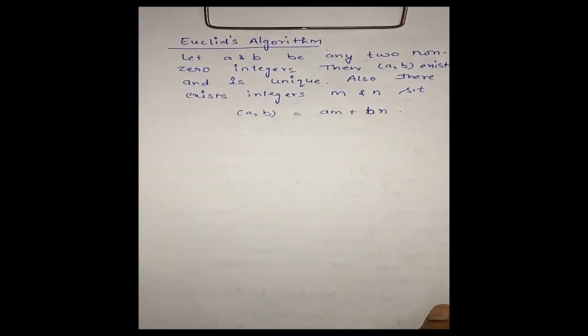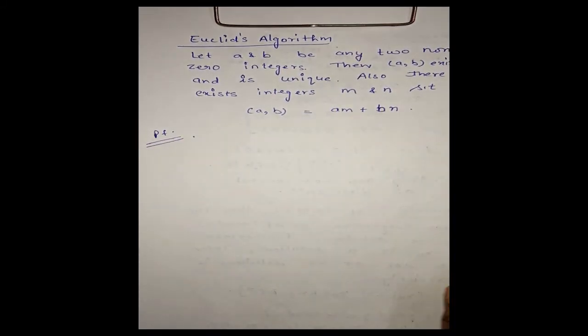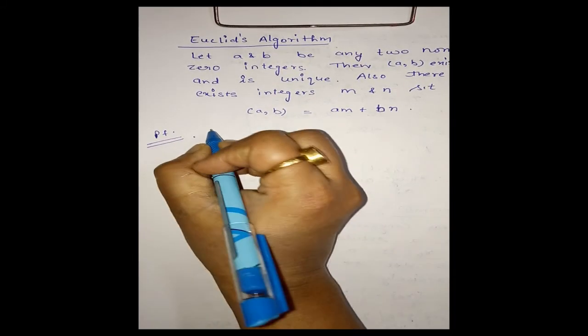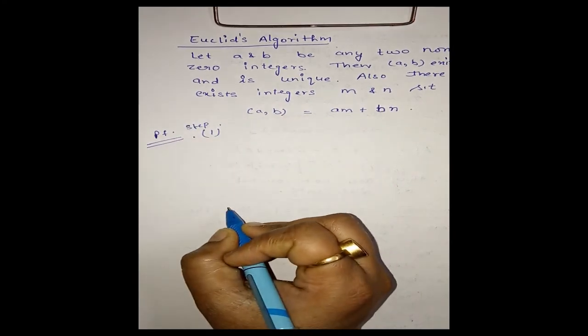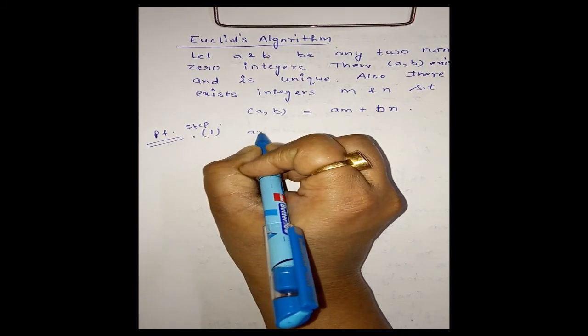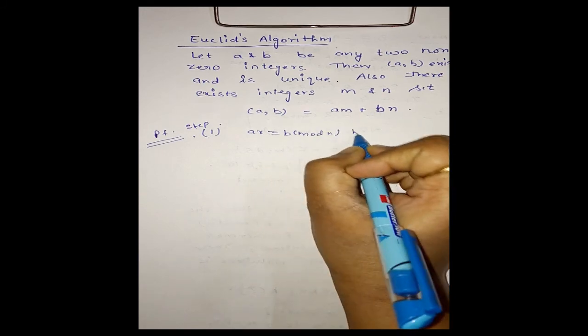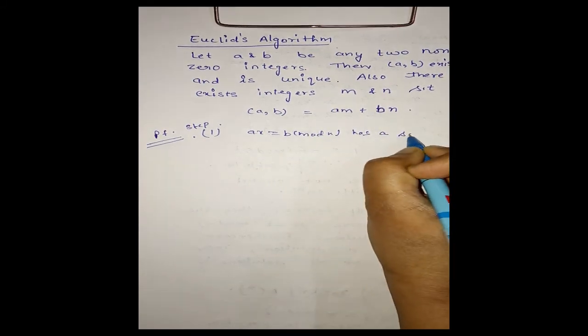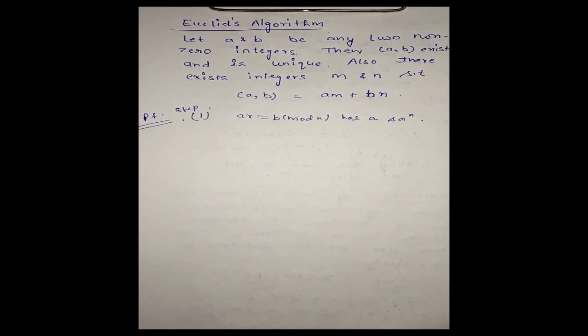Okay. Now proof. In the first step, step 1, we will prove that the linear congruence Ax congruent to B modulo n has a solution. This is our first step. Okay.